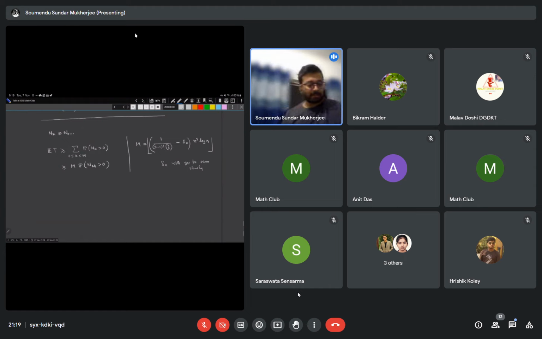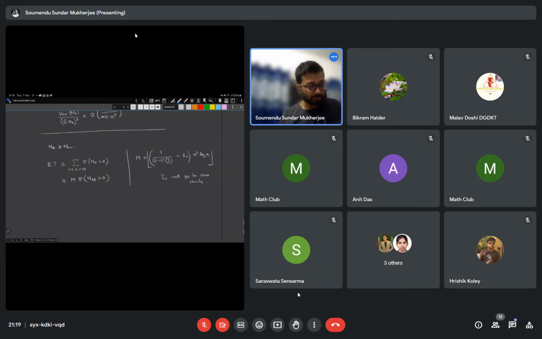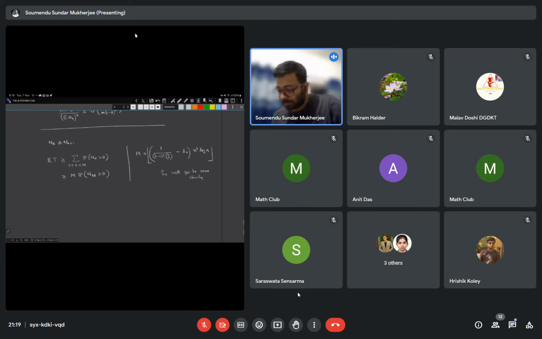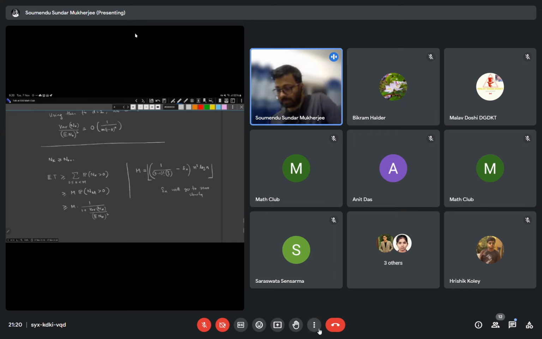Okay, with that aim, let us plug in our variance bound that we had here. So this is your variance bound. So this is bigger than or equal to m times 1 by 1 plus the variance of nm over the expectation. And this is basically big O of this.